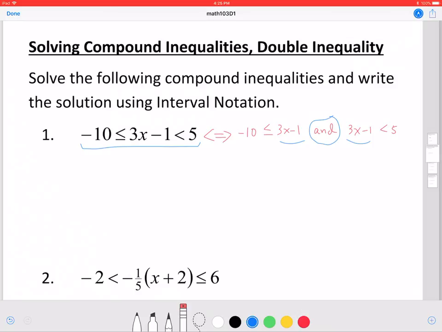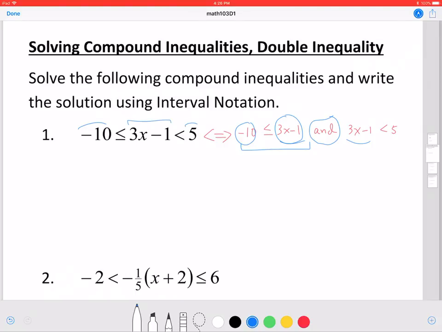Before, when we had just a regular single inequality or an equation, we usually said there's a left-hand side and a right-hand side. With a double inequality like this, we actually have three sides: the left, the right, and the middle.